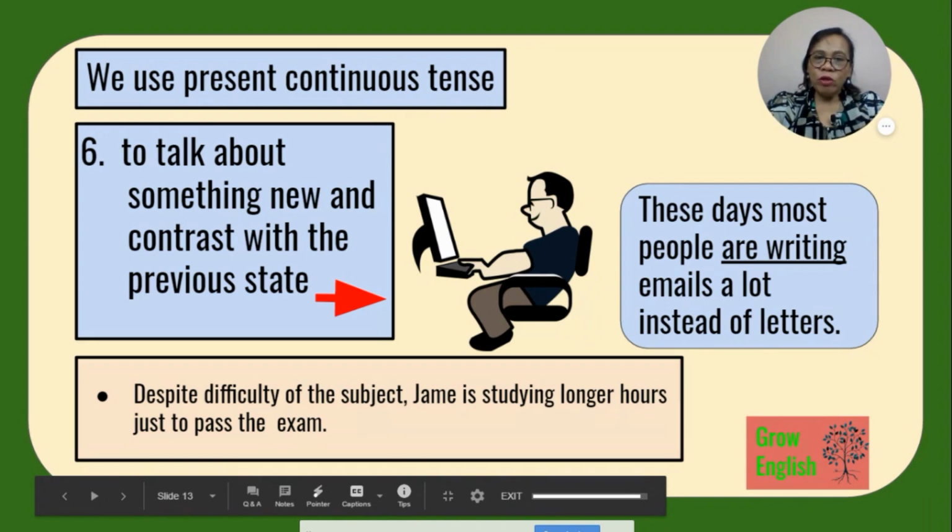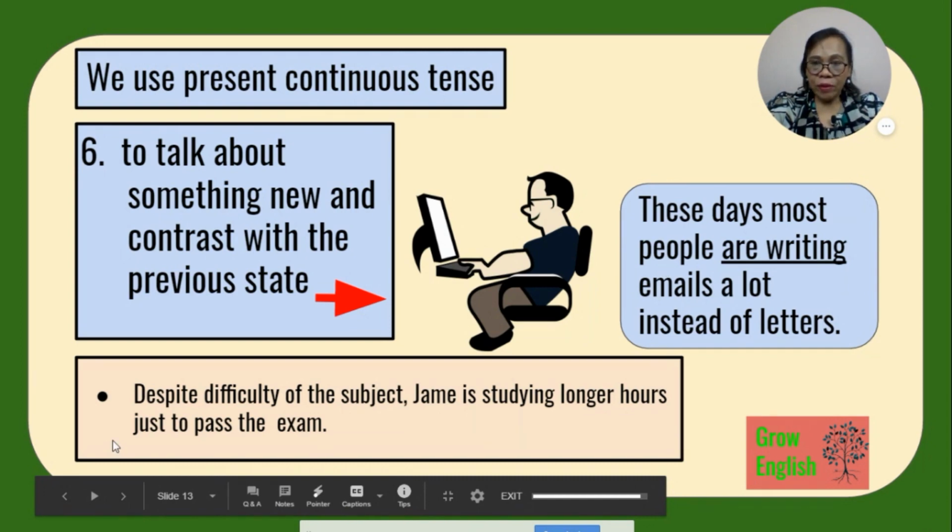So before we used to write letters in our communication, but right now we seldom do that, because we have a faster way of sending messages, and that is what you call emails. The verb phrase for this is are writing. Why are? Because our subject is people, which is in the plural form.